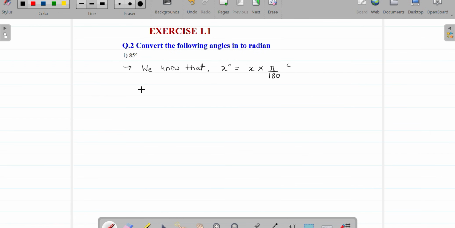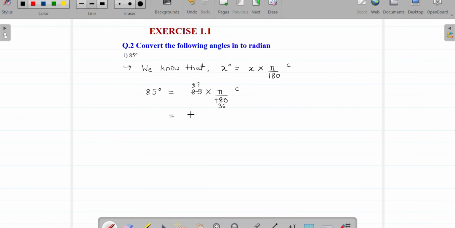So here we have given that 85 degree, which is equals to 85 into pi upon 180 radian. 5 ones are 5, 3 carry, 5 sevens are 35. 5 threes are 15.